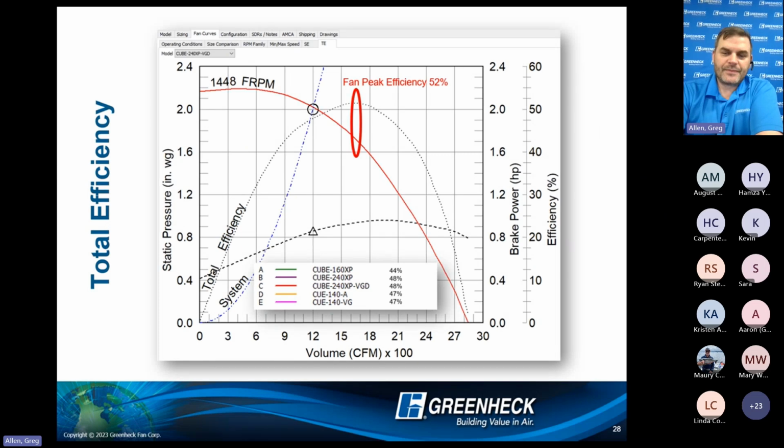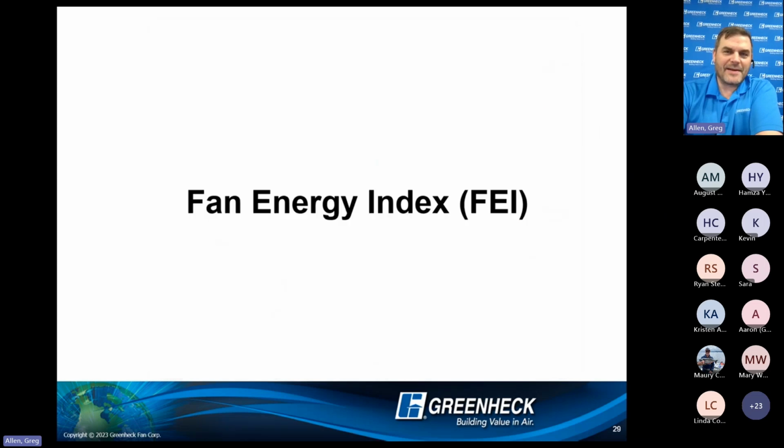All right. So I threw a lot of different fan curves at you, and kind of started bringing in good fan selection, but there's a little bit more information. And this is becoming more and more common, especially when you start looking at Washington, California, right? This term of FEI, or fan energy index, is creeping in over the next 4.5 years. The Department of Energy will require all of us to play this game.